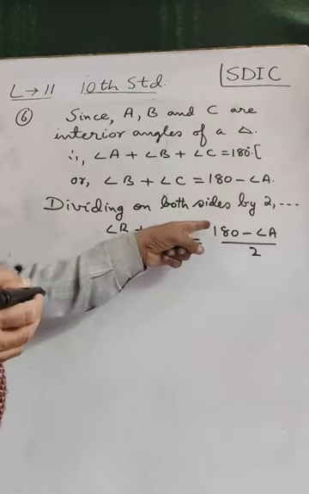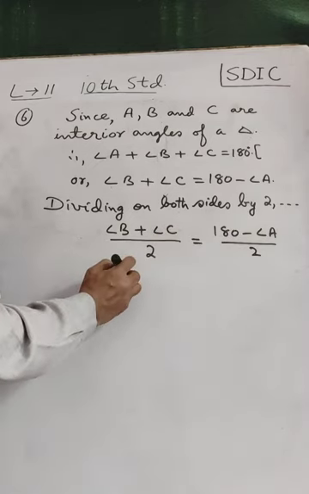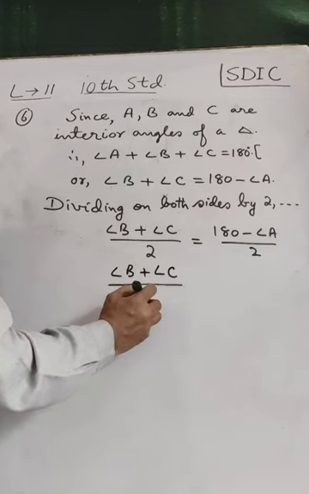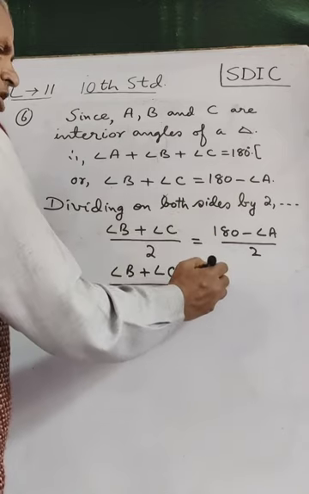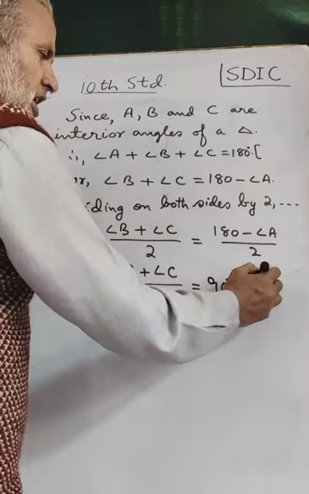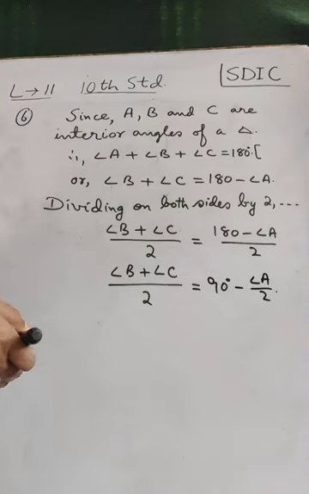This 2 will divide individually both 180 as well as angle A. It will be therefore (angle B plus angle C) divided by 2 is equal to, when you divide 180 by 2, that will be 90 minus angle A by 2, which will remain as it is.